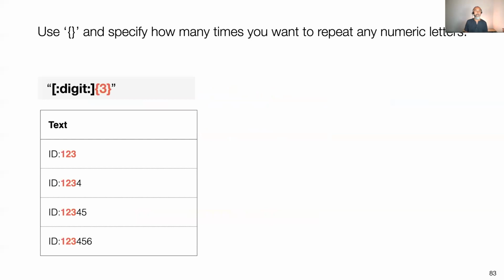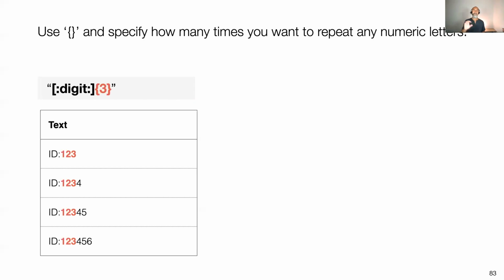So there's a smarter, easier to read way to do it, and that is the curly bracket. You use a curly bracket and specify the number of times you want to repeat. In this case, if I want to repeat 3 times, you type 3 inside the curly bracket.